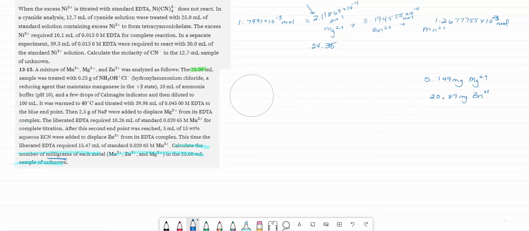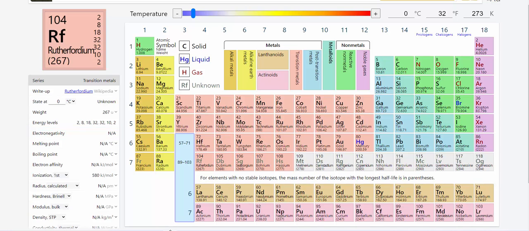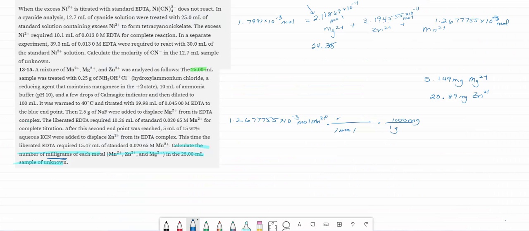And then similarly for the manganese, I have 1.26777755 times 10 to the minus 3rd, and that is moles of manganese. Go over to the periodic table, and I find my manganese right here. 54.938 is the value that I will use, 54.938 grams.